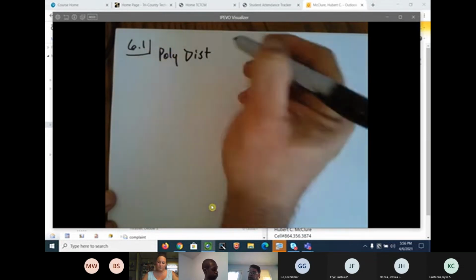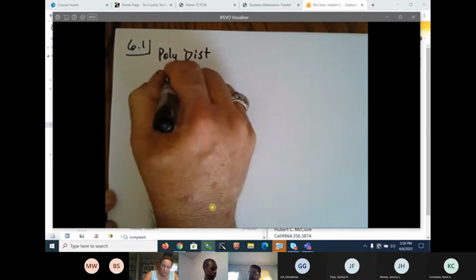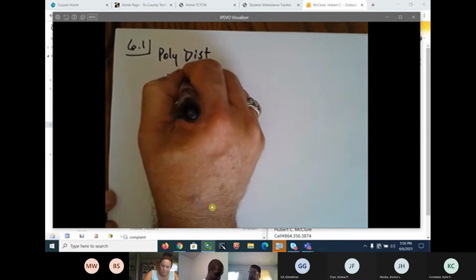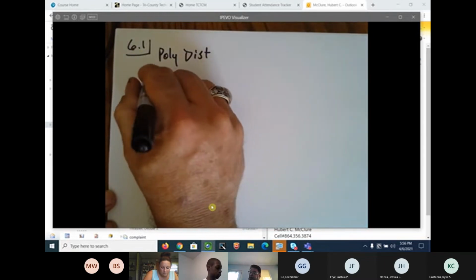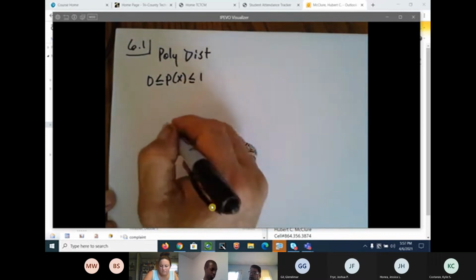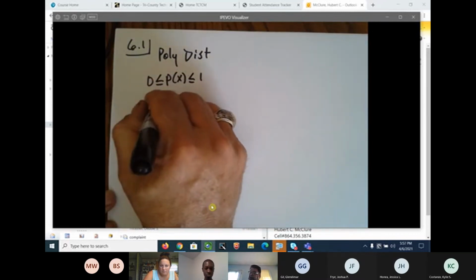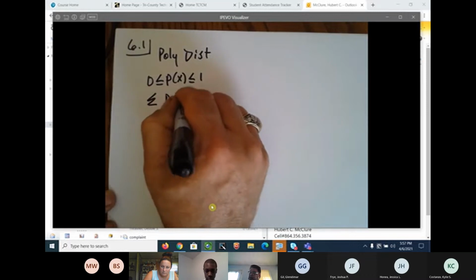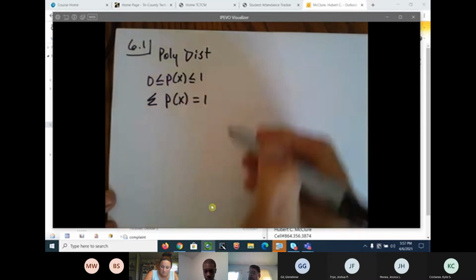They want us to check it and make sure that all the probabilities fall between 0 and 1, and that the summation of all the probabilities is equal to 1.